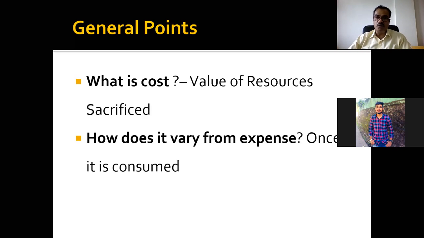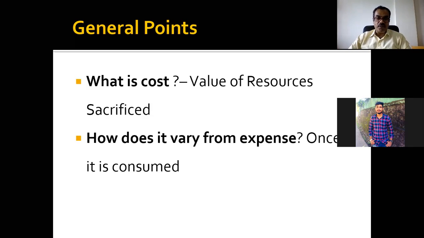That is a different piece of information. You got it? Once the cost is incurred, that's it. We do not worry about what we did with those products. But the expense varies according to what we do.